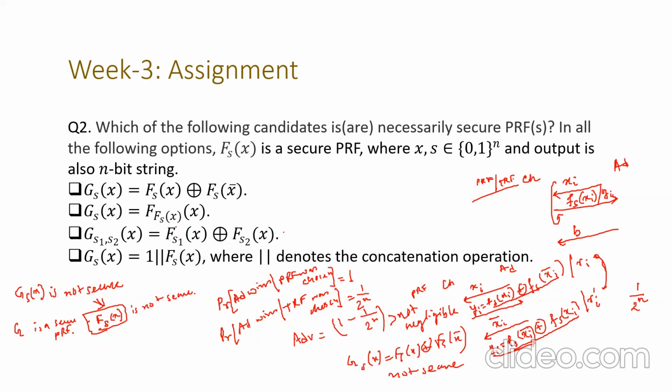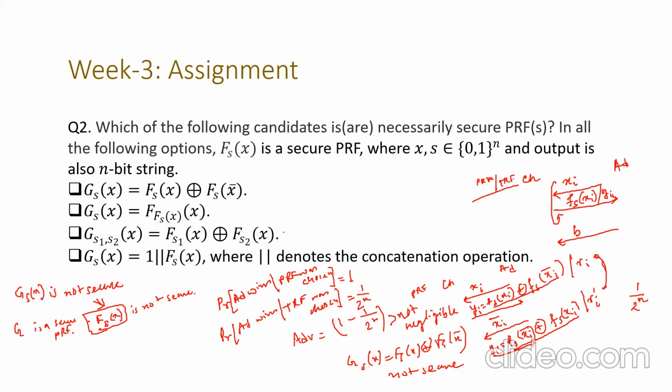So see that F is already known to be secure. So F of X for the key S1. Of course, S1 and S2 are not related to each other. They are independent strings. Now you run the PRF on input X with key S1 and then XOR the output with the output of running F on the same input X but with a different, independent key S2, and you XOR these two pseudorandom values.